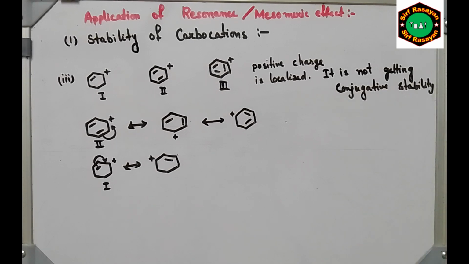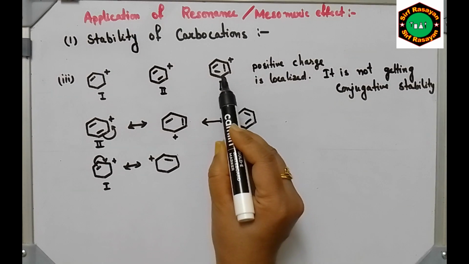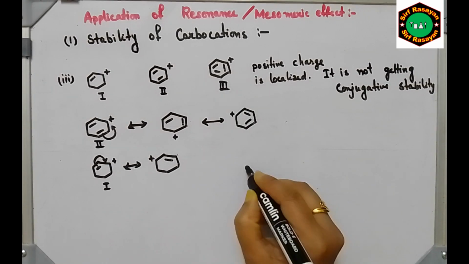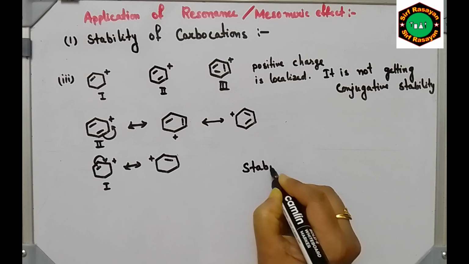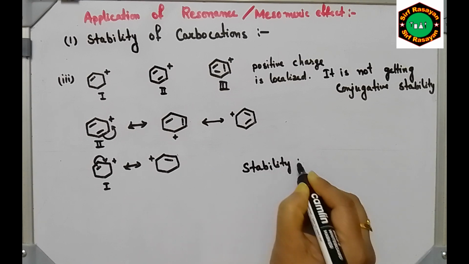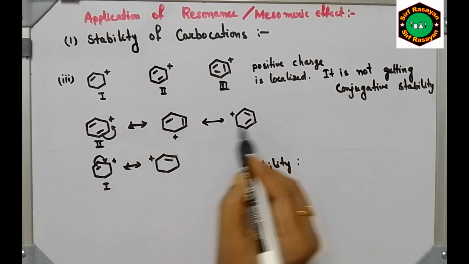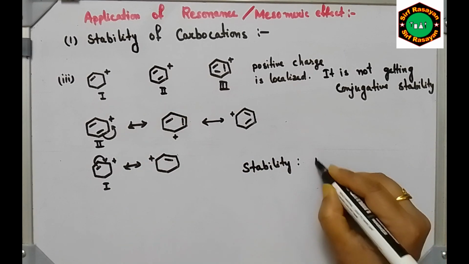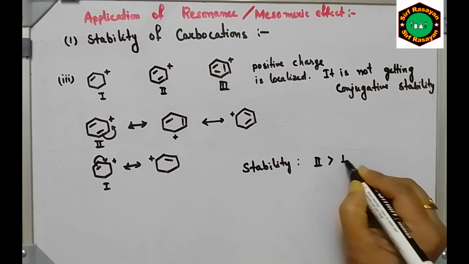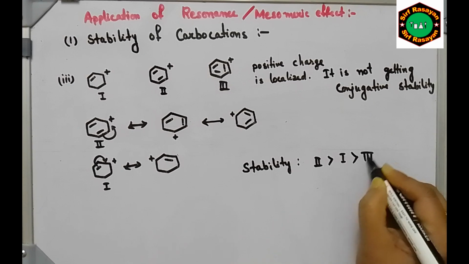So it is most unstable. So stability order, first one is this one, 2, then 1 and then 3.